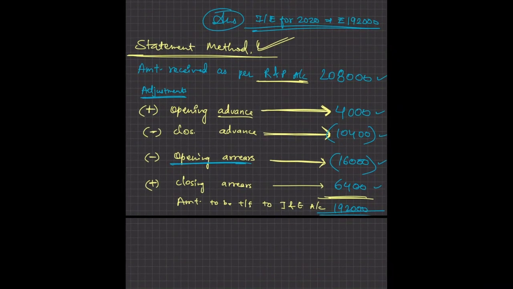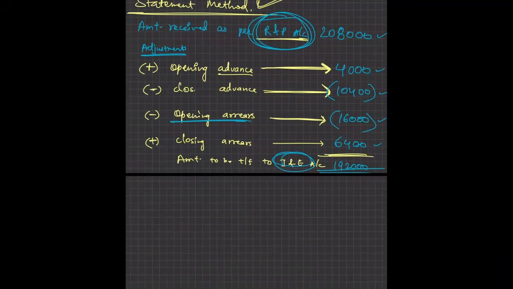Have you got the other method also of calculating this? How to go from the amount as per receipt and payment to amount as per income and expenditure. Sir, what if they give me the amount of income and expenditure and I have to find the amount of receipt and payment? Just do the reverse of whatever we have done over here.